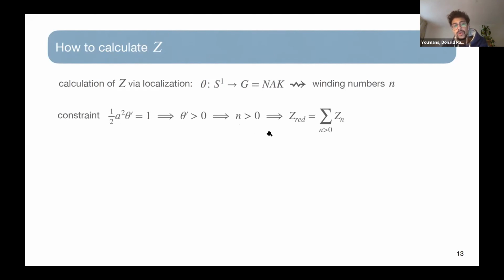So this partition function after the symplectic reduction, so the reduced partition function, is actually a sum over topologically distinct sectors. And these look as follows.